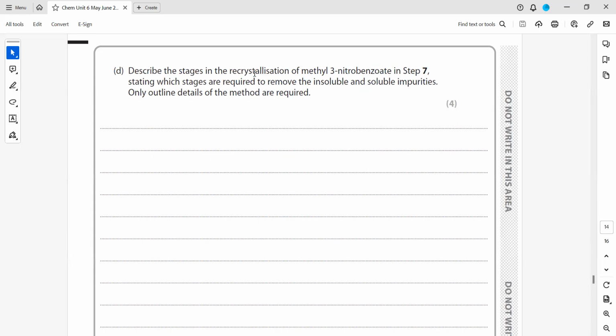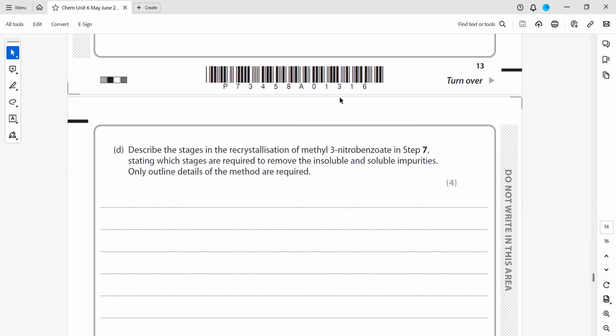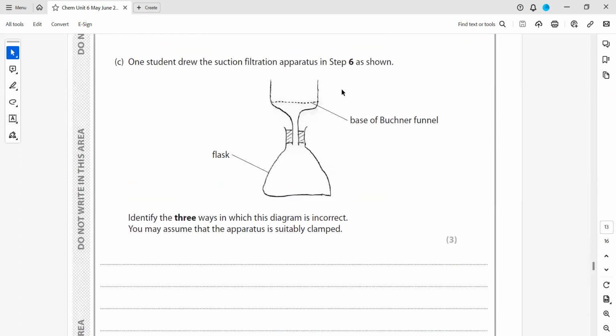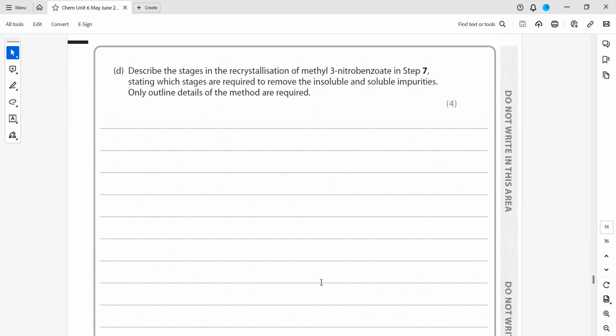Describe the stages in the recrystallization in step 5, stating which stage is required to remove insoluble impurities, and outline details of the methods required. You have to learn these recrystallization steps. Whenever recrystallization is done, first we dissolve the solute in a minimum volume of hot solvent. That is the first thing.